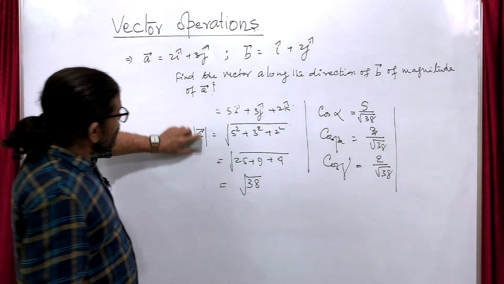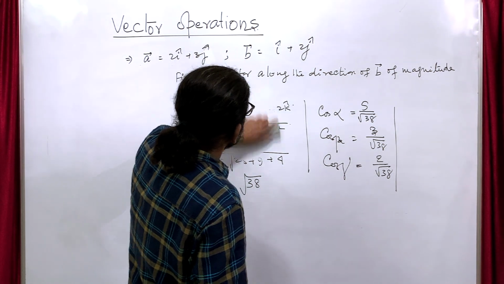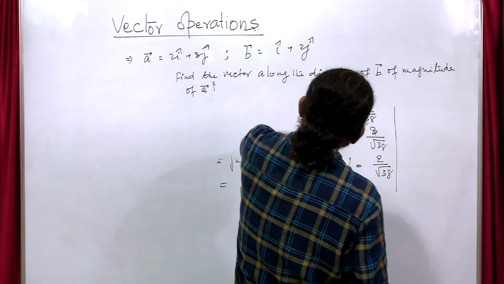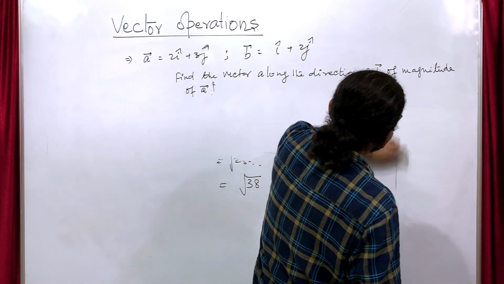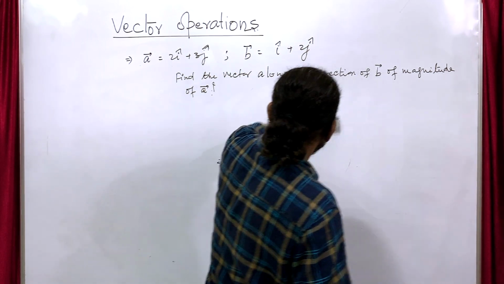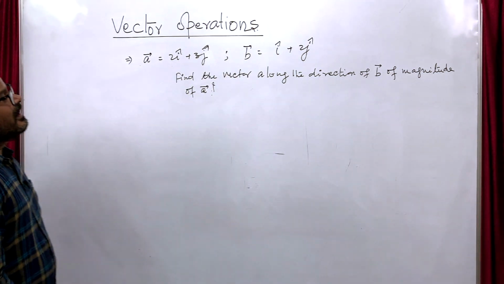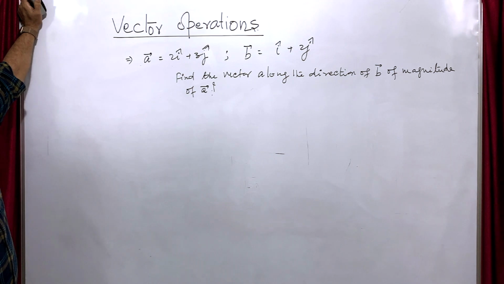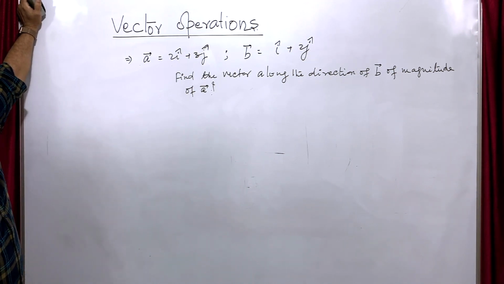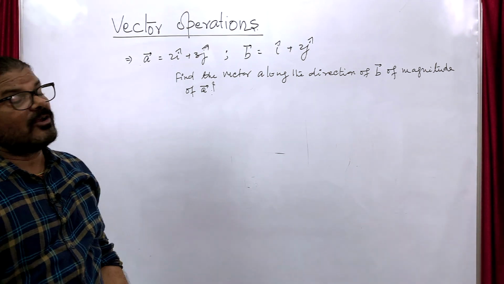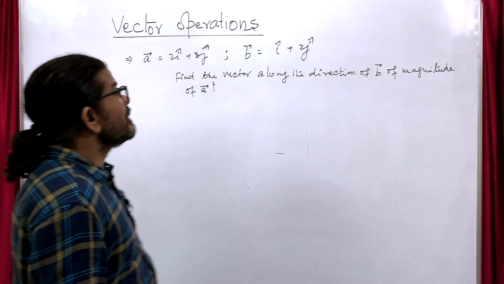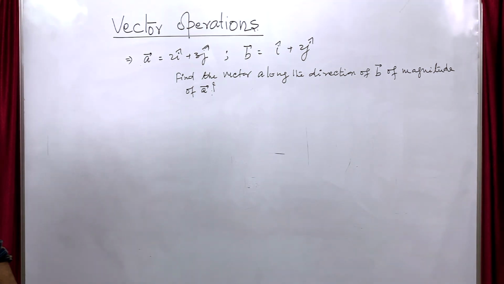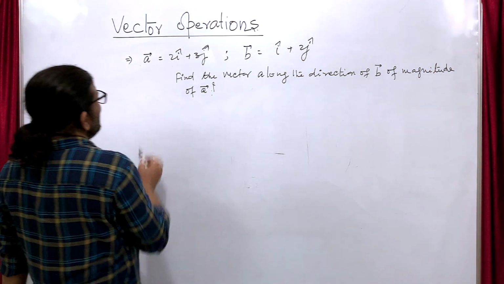It means you are asked to calculate: vector A is given, vector B is given, and the question is to find a vector C whose magnitude is equal to that of vector A, but it is directed along the direction of vector B.